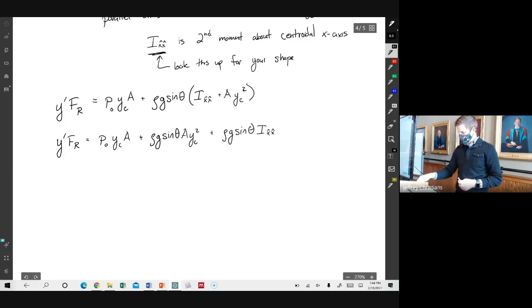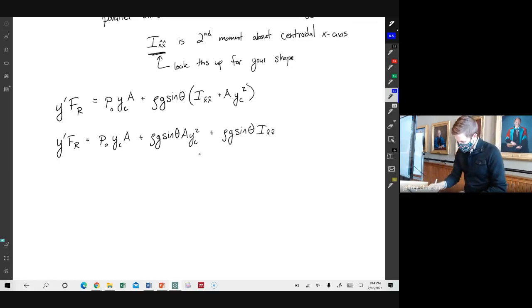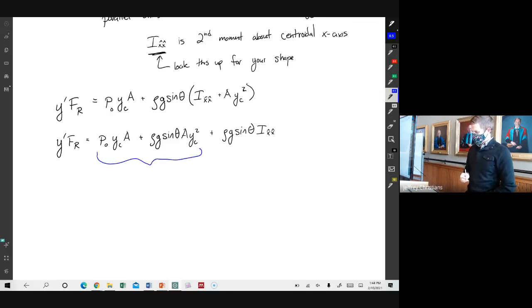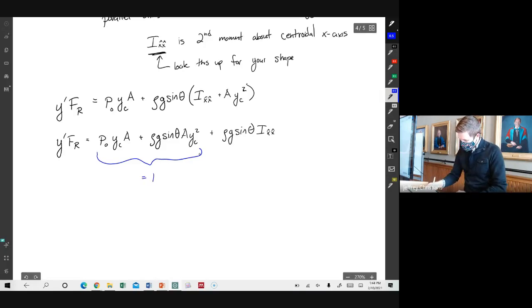Now if I gave you a little bit of time to look at it, you'd say this first section can actually be simplified quite a bit. This is equal to the resultant force times yc.